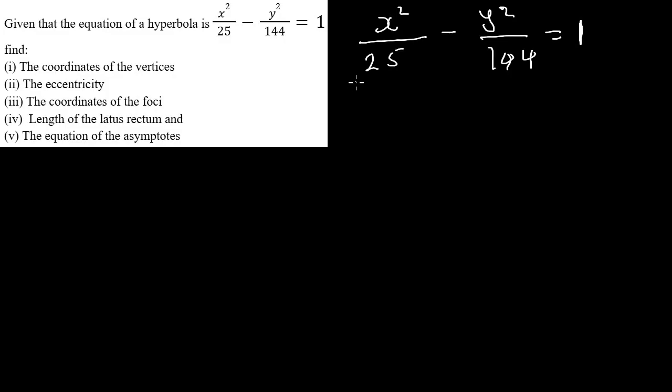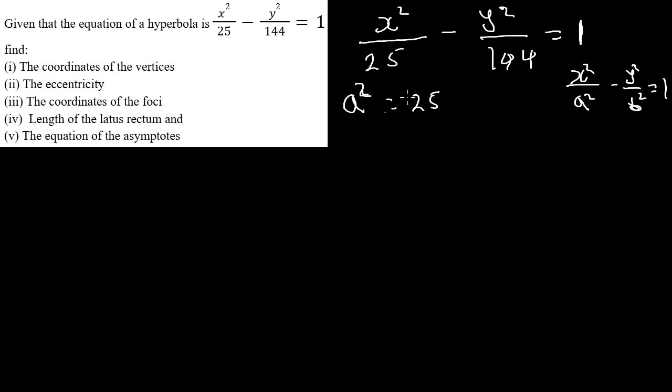So for you to know your a, if you are given the equation, a will always be under the axis that has the positive sign. It means a squared here is 25. Remember, the equation actually corresponds to the form x squared over a squared minus y squared over b squared equals 1.